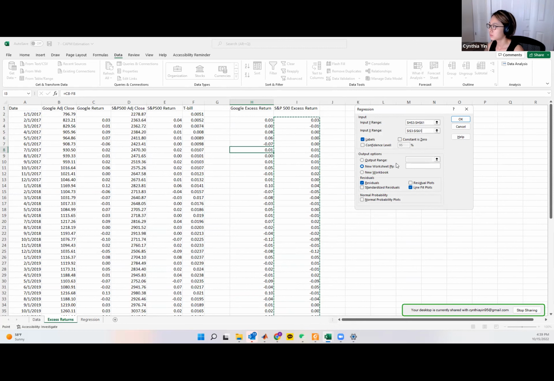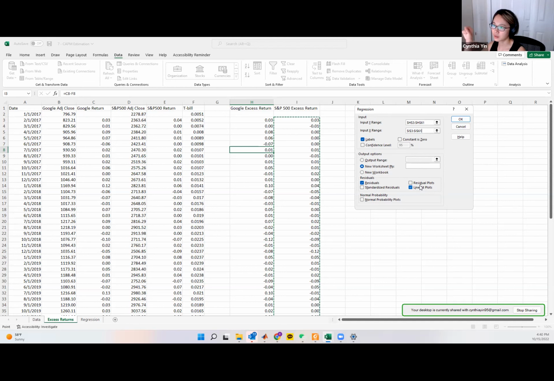The output options let you output to a new worksheet, or to a completely new Excel file, or in the same sheet by choosing the output range. Let's use the new sheet. You can also output the residuals and the line fit. The residuals are the errors I just described, and the line fit is the orange line.